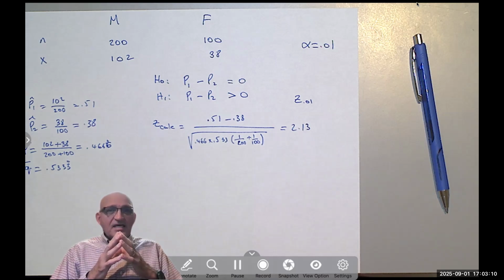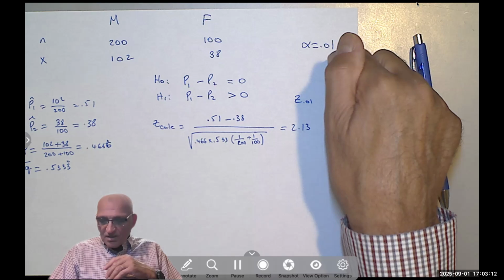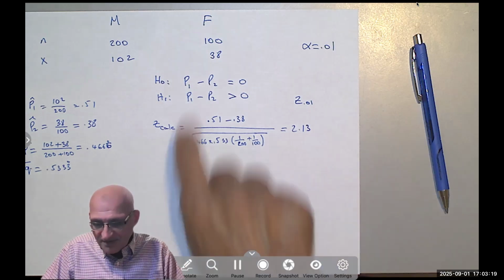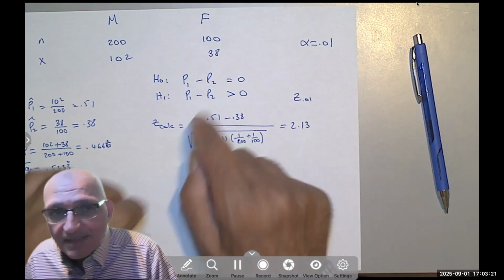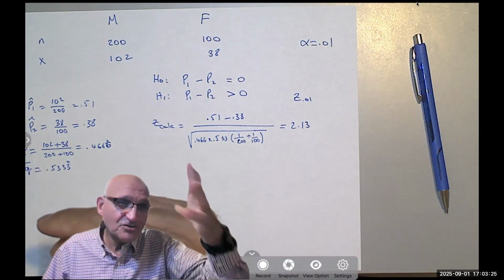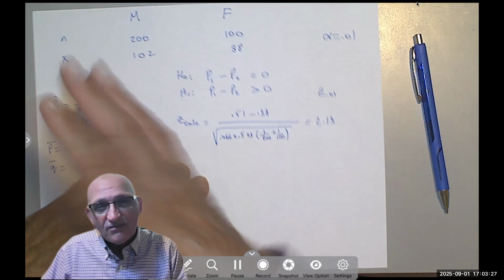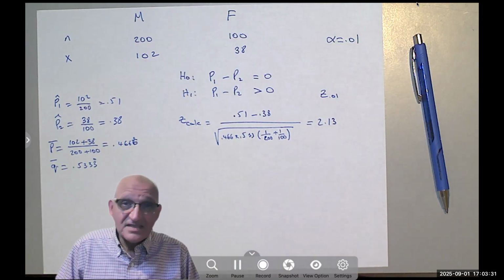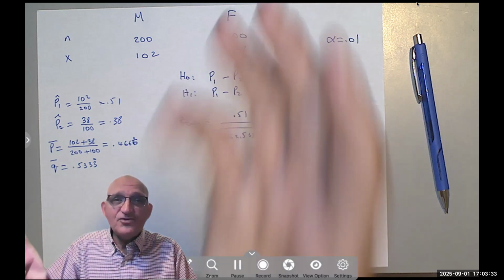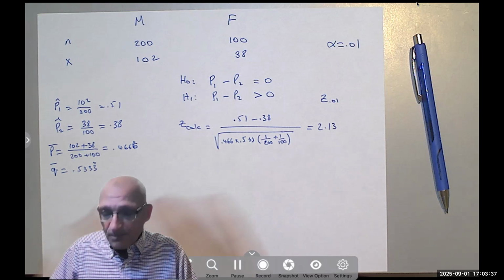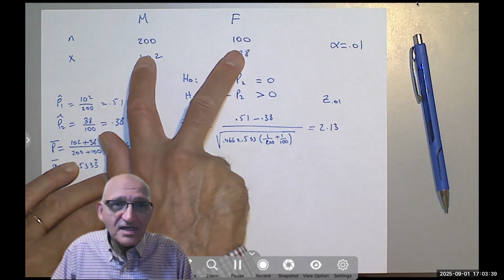But again, keep in mind that if you are rejecting this, you may be accepting a false hypothesis, and their beta is very high. I don't know if it makes sense to you, but once we cover alpha and beta in more detail, you will see why that makes sense. As I told you, this is like a balance. If you increase one, the other one decreases. The only way to decrease them both is to increase the sample size.